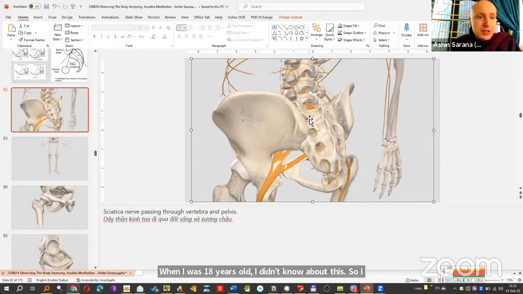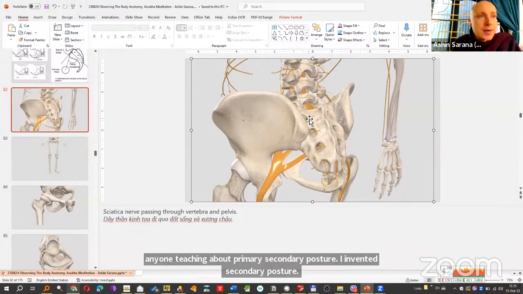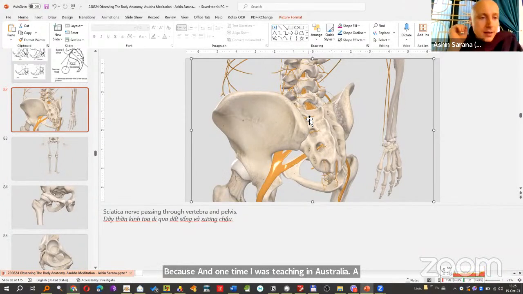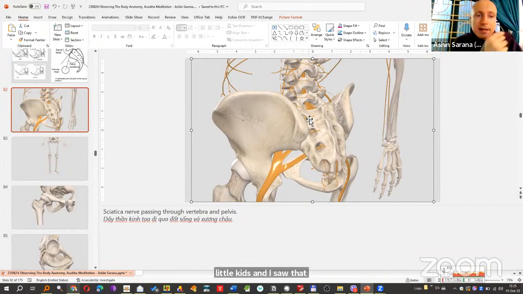The secondary posture is my invention. I've never heard anyone teaching about primary and secondary posture. I invented secondary posture because at one time I was teaching little kids in Australia, and I saw that the kids were changing their posture about 10 times every 2 minutes.